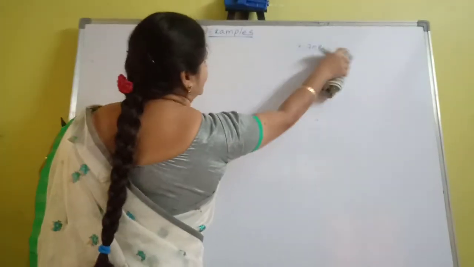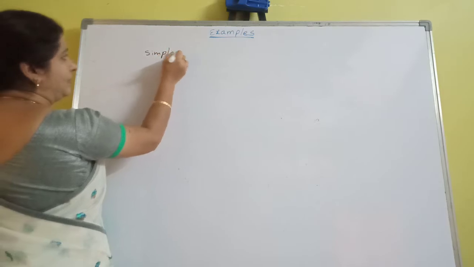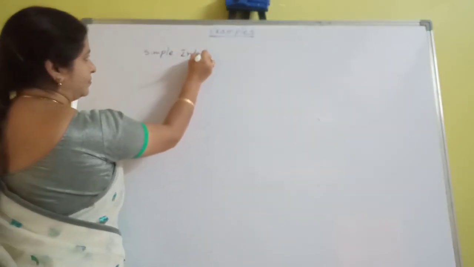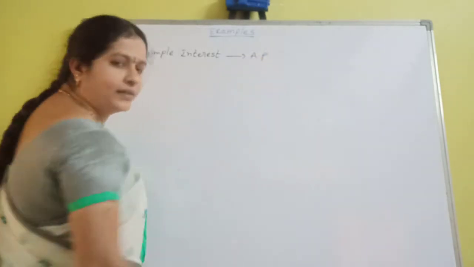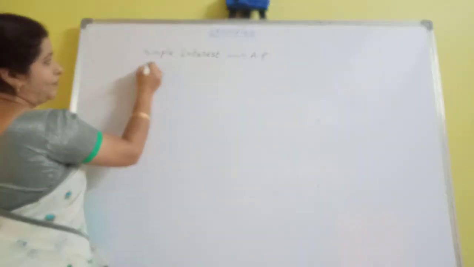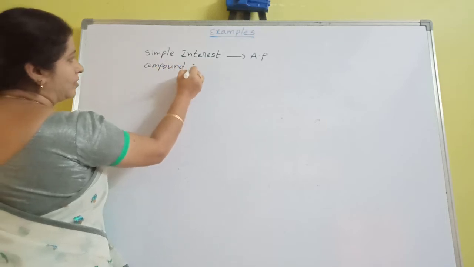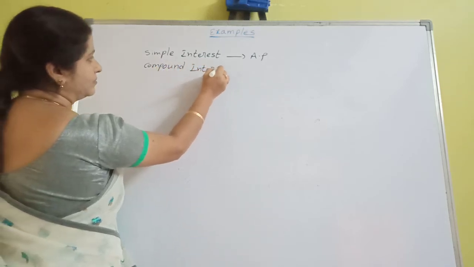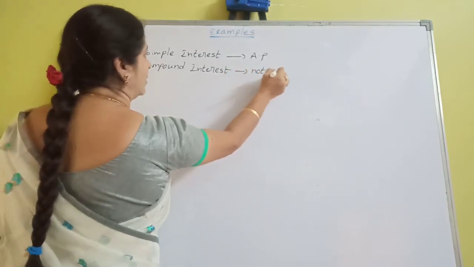If the statement is given in compound interest, it is not in AP. So if the statement is in simple interest, the series will be in AP. If the statement is in compound interest, it is not in AP.